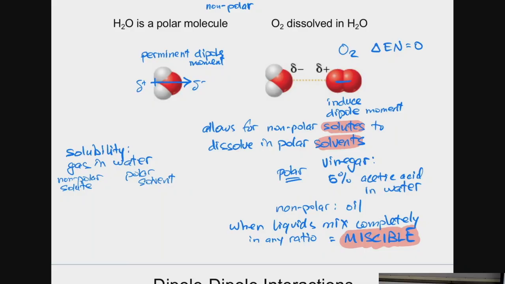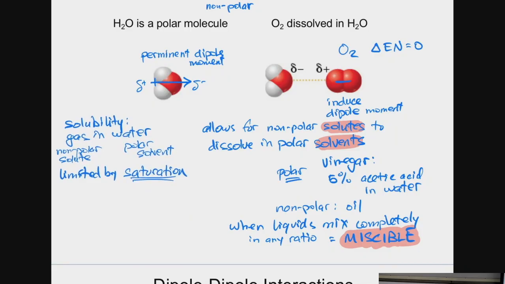And once you've saturated the solution, you can't get any more solubilized. Right? So this is limited by saturation. That point beyond which you cannot get any more of the solute solubilized in the solvent.